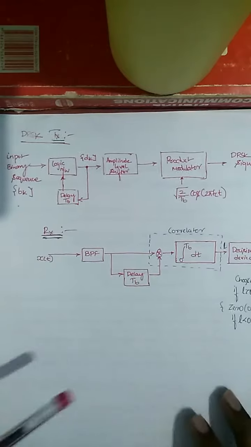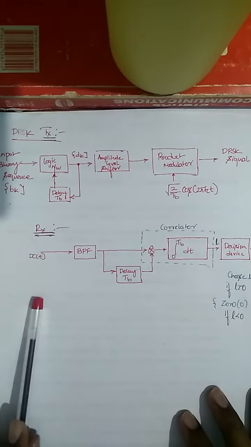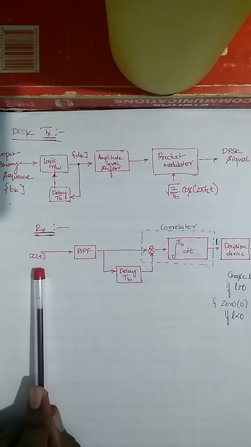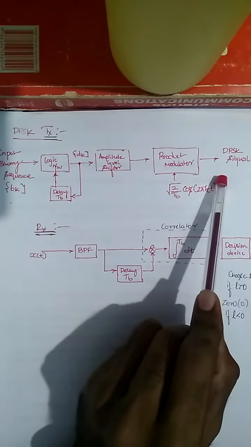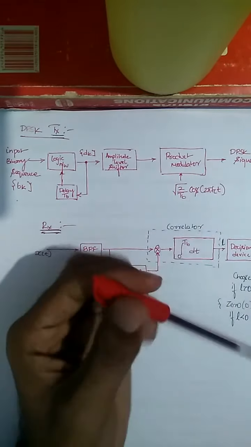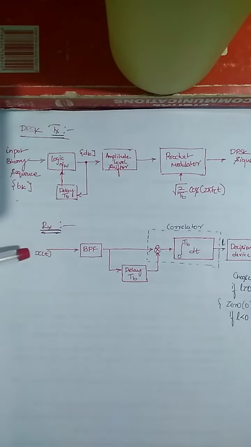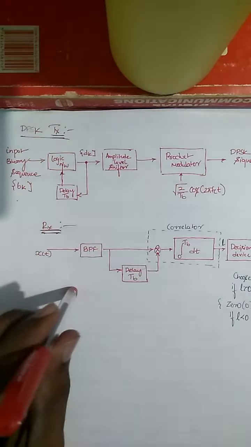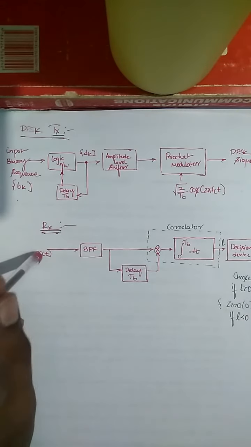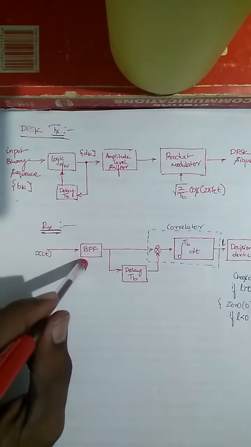Now let us check the receiver part. At the receiver you will be receiving x of t, which is nothing but your DPSK signal, the continuous waveform that we have transmitted. It is passed through a band pass filter to confine it to the band which we have transmitted, because the channel will be inducing some noise, so we filter it out.